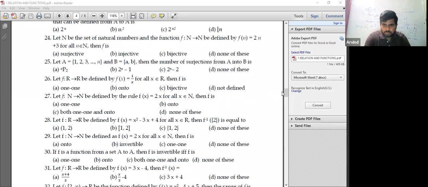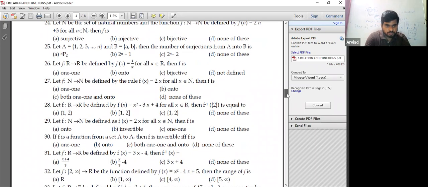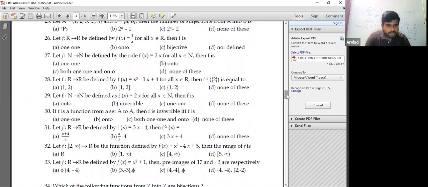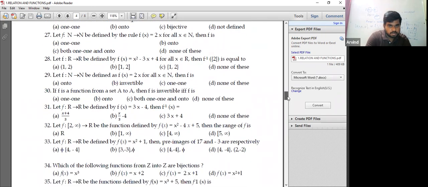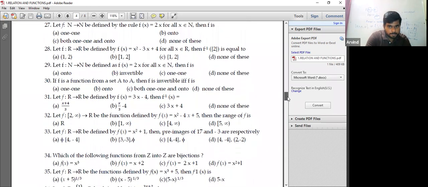The 28th one I'll do tomorrow, and the 29th the same. The rest are different: inverse functions.